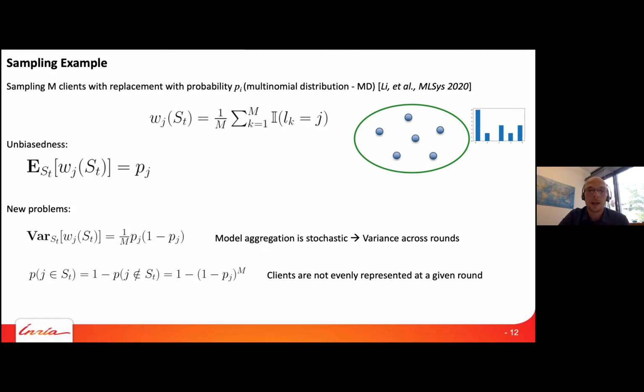So the question is, these are the statistical characterization of the sampling scheme, which is the multinomial distribution. Is there a way to do better than this? For example, decreasing the variance, finding a different way of sampling things in order to have a decreased variance, and perhaps a better representativity of the client based on some characteristic we would like to enhance.